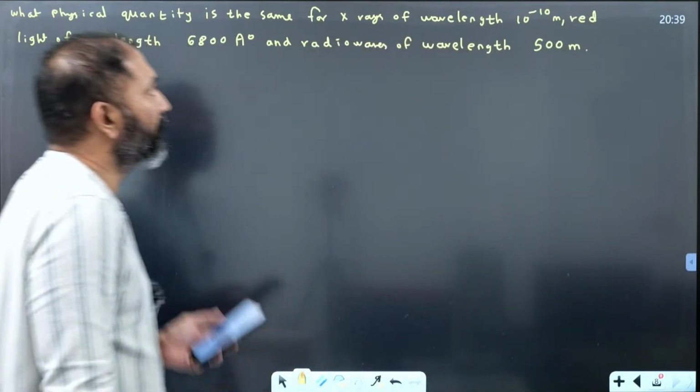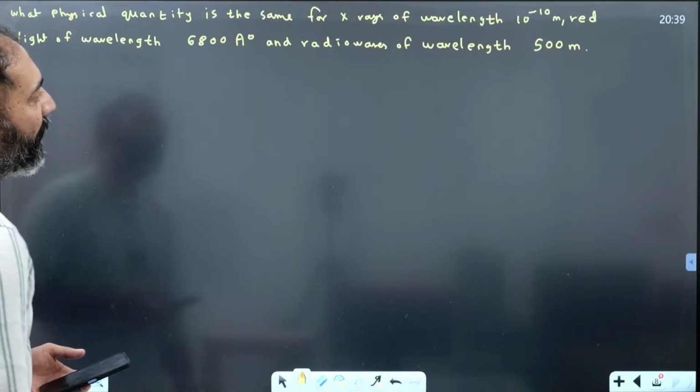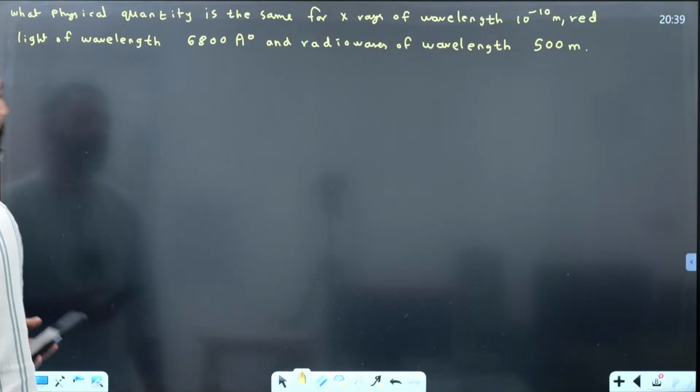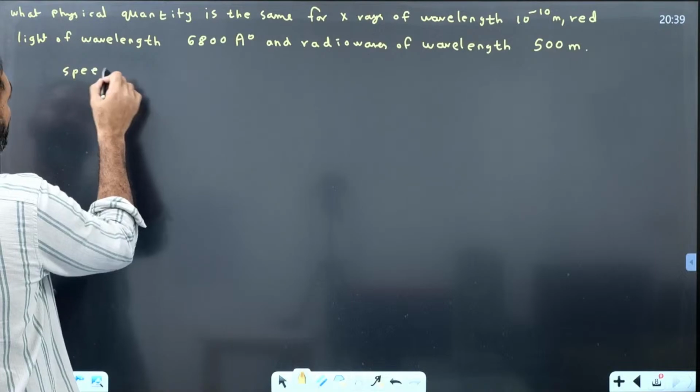What is the answer? Speed of light in vacuum.